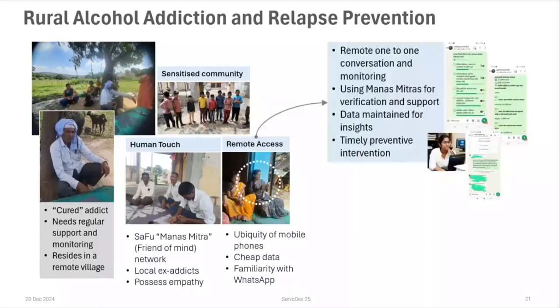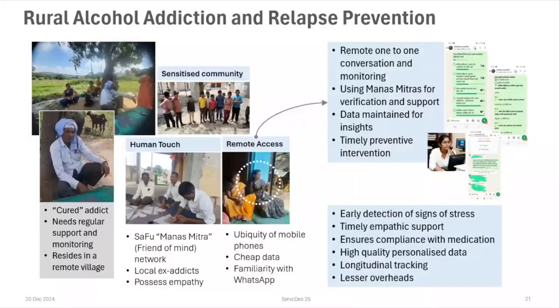Because, as you may remember, I said already, there is always a resource crunch. So how do we monitor this remotely? How do we use WhatsApp for getting feedback on their current condition? Use Manas Mitra, who can actually go and give some kind of proactive support and so on. So we started with that. In the bargain, a lot of data is getting collected.